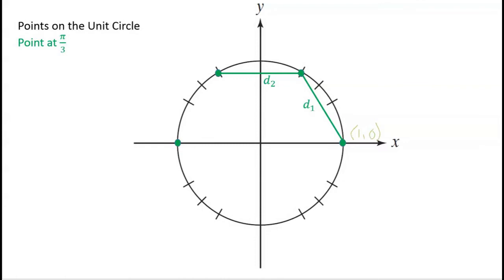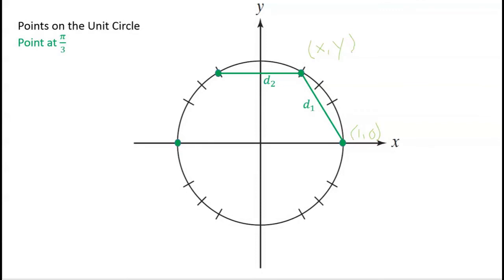And we know this point over here is (-1, 0), but I don't need it, so I'm not going to label it. Now, follow along with me. The point that we're looking for is this point right here, and I'm going to call it (x, y). I don't know the value, I just know it's x and y.